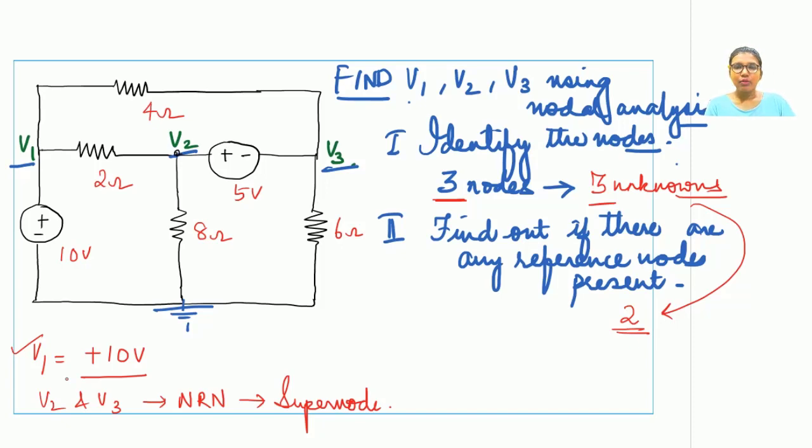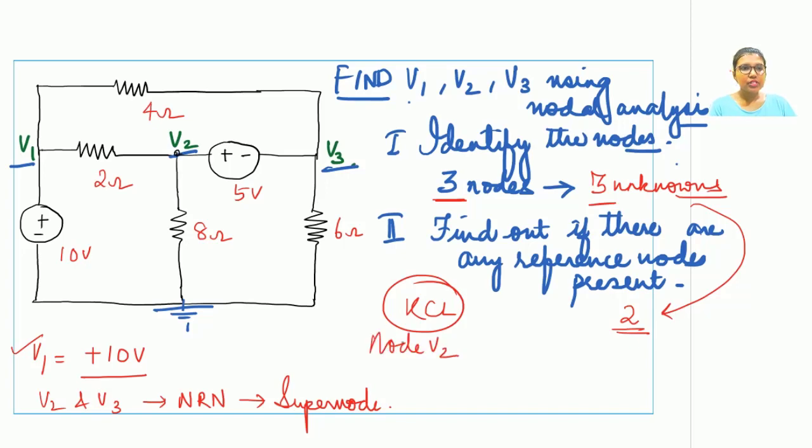So let us start writing the nodal equations for V2. Nodal analysis means the application of KCL. For the application of KCL, one has to figure out the number of branches that are connected to a particular node. The number of branches is equal to the number of terms present in the KCL equation written for that particular node. So we will be writing the KCL applied at node V2.